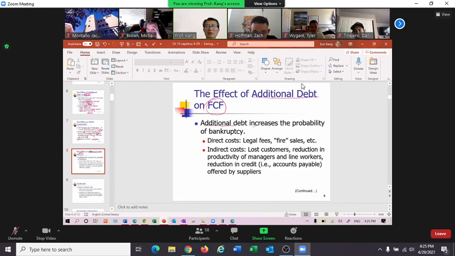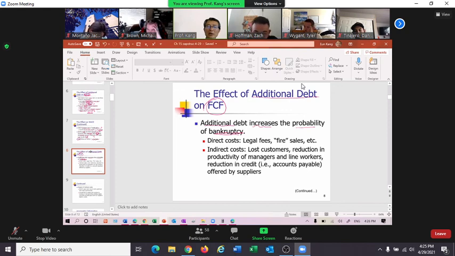Additional debt increases the probability of bankruptcy. That's the problem, right? Because of that, the probability of bankruptcy will go up, right?